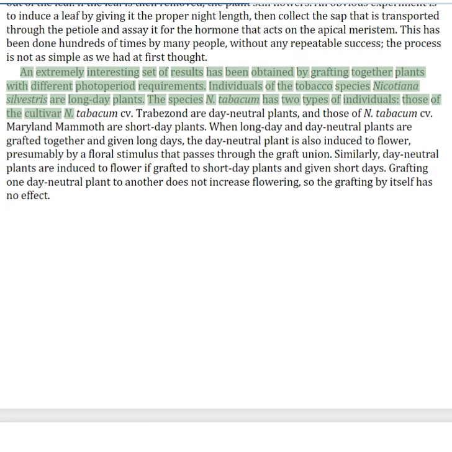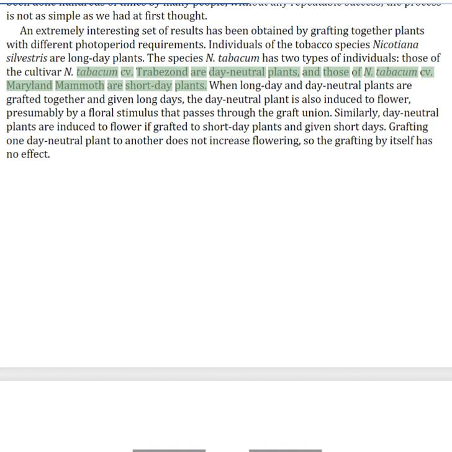An extremely interesting set of results has been obtained by grafting together plants with different photoperiod requirements. Individuals of the tobacco species Nicotiana sylvestris are long-day plants. The species N. tabacum has 2 types of individuals, those of the cultivar N. tabacum cv Trapezond are day-neutral plants, and those of N. tabacum cv Maryland Mammoth are short-day plants.